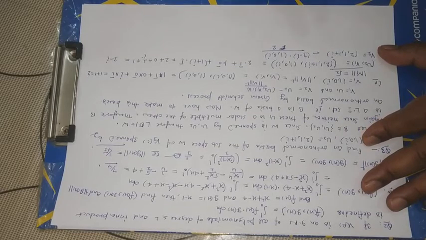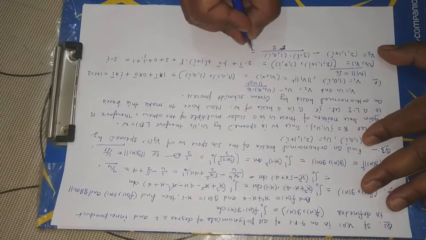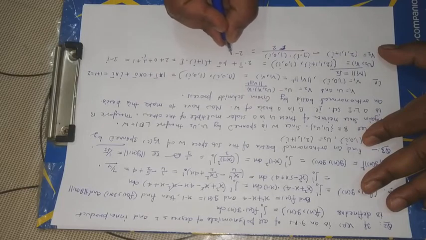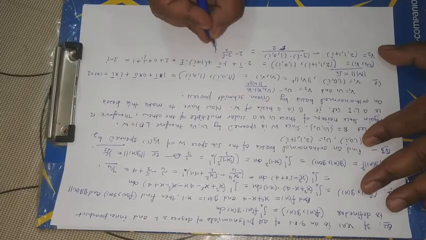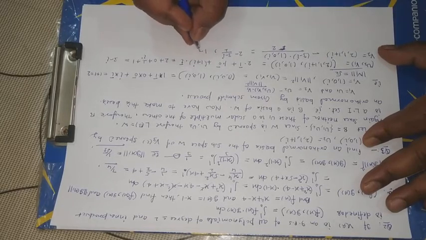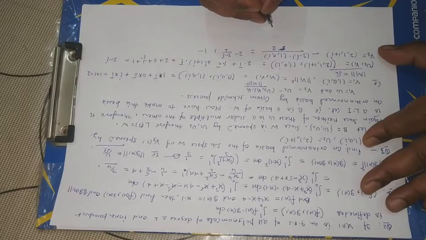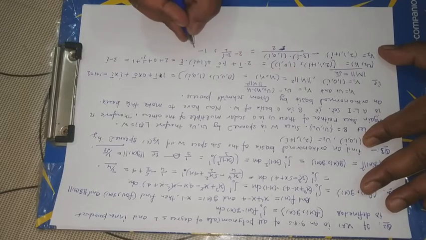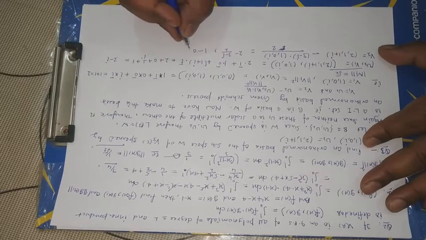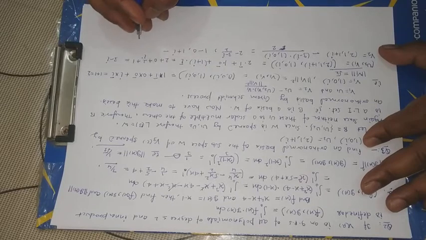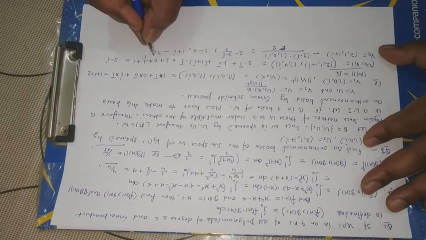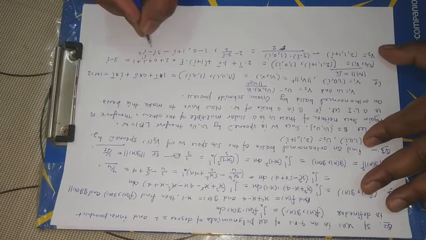Now after solving, this is equal to 2 minus (3 minus i) upon 2, comma 1 minus 1 upon 2 into 0, comma 1 plus i minus (3i minus i square) upon 2.